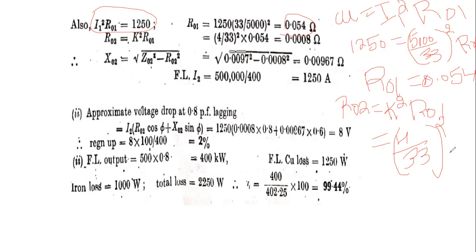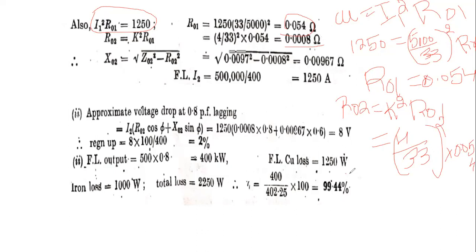What is the R01? R01 is 0.054. Then we obtain the R02. Therefore R02 is equal to 0.008 ohms.